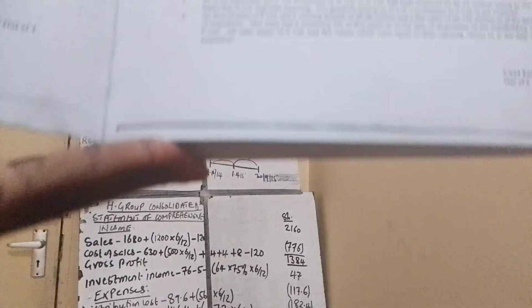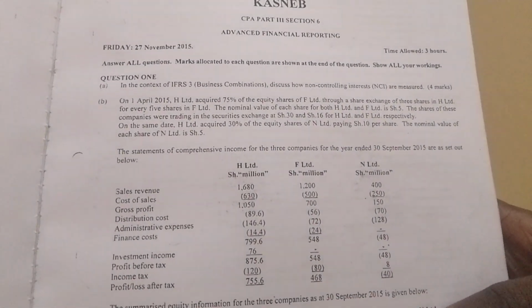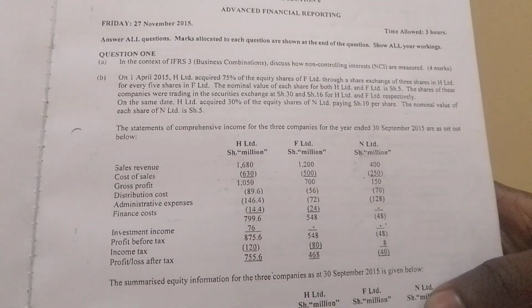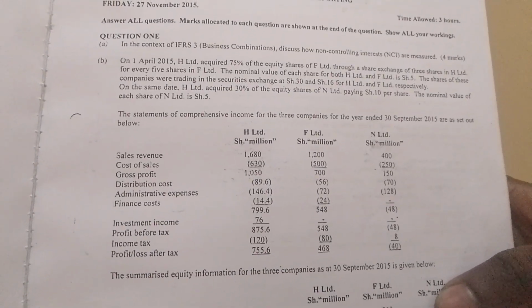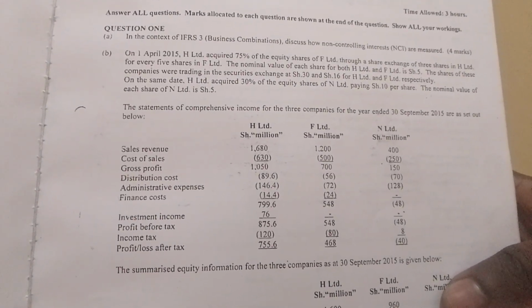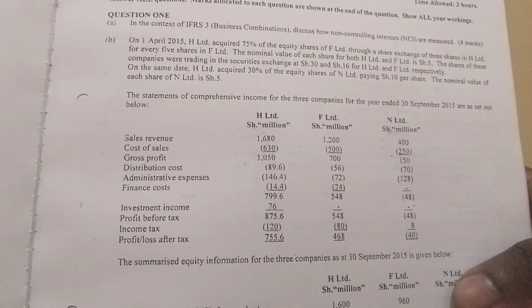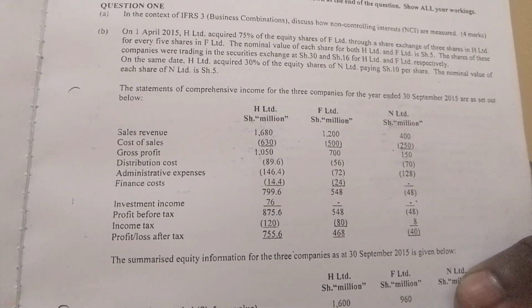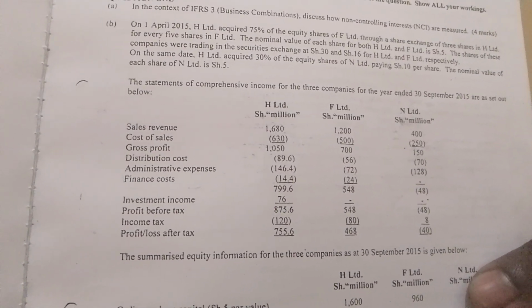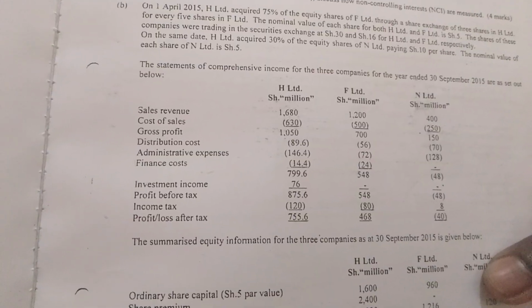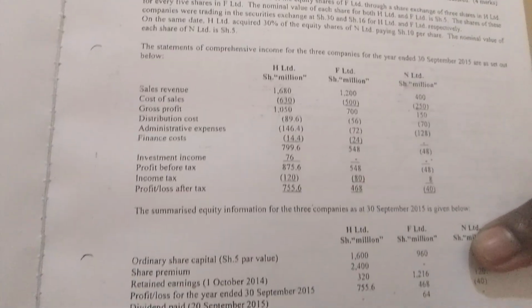Right, we are told somewhere that on the same date, H Limited acquired that percent of the equity shares of N Limited, paying shillings 10 per share. The nominal value of each share of N Limited is shillings 5.